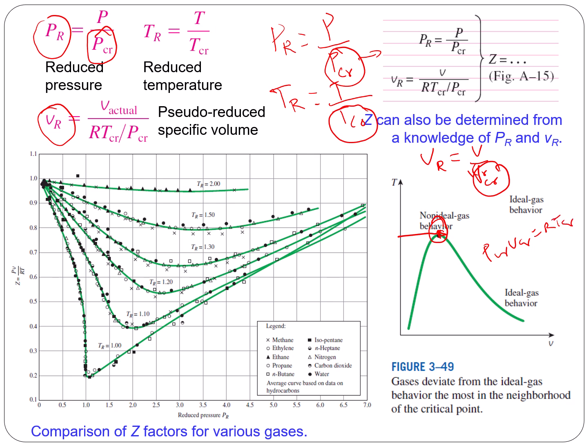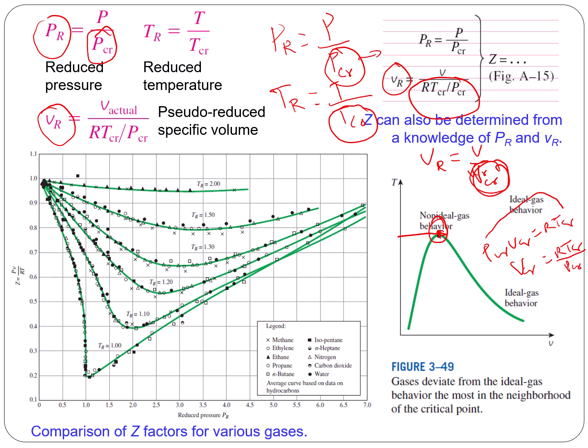The reason we are doing this is, from the table we get the values of P critical and T critical. That's why we are trying to convert this. V critical is equal to R T critical divided by P critical. That's how we get reduced volume. So we have to know the values of reduced pressure, temperature and specific volume to find the unknown property. That's why these definitions are important to us.